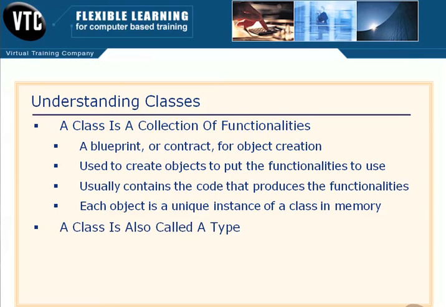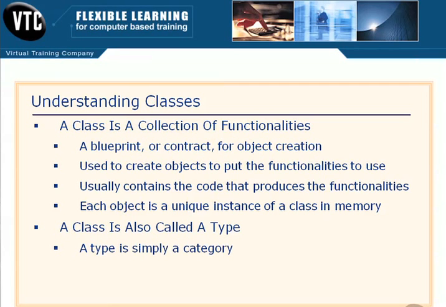Now, here's something that will confuse you if you're new to this whole object-oriented programming game, and that is you will hear a class called a type. And you'll be reading out there and they're talking about, you know, well, you'll create a type or you'll use a type. Well, that is true. It's exactly true.